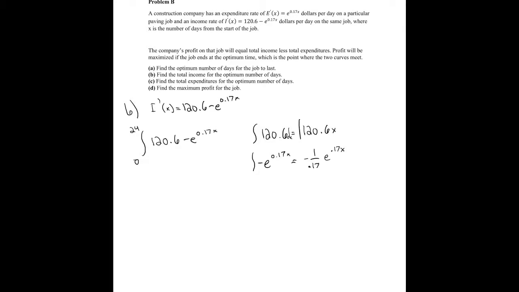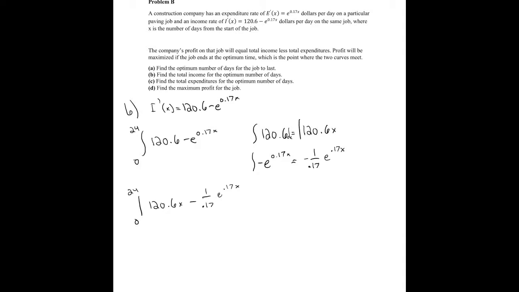Next, we're going to put these two together, which will form our antiderivative equation. The upper bound will still be 24 and the lower bound will still be 0. We'll just add them together, so it'll be 120.6x minus 1 over 0.17 e^(0.17x). Now we're going to use our equation from 15.5, which is the upper function minus the lower function.